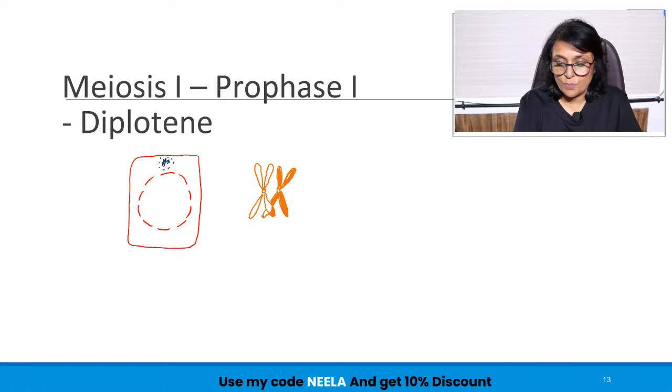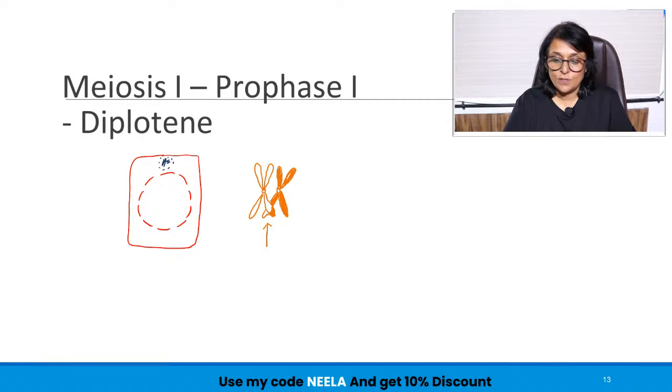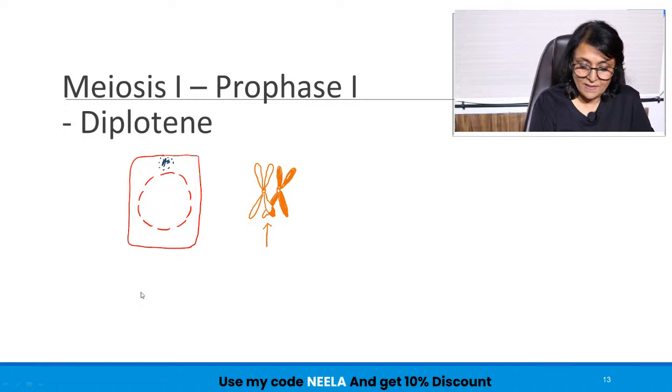I'm going to show you the previous slide also. Concentrate on the cross. That means this is the place we are talking about. Okay, have you seen this one? Let us go back to the previous. Is there any difference between the two cross-like structures which we have shown in Pachytene and now in Diplotene? I'm going to draw it here for you again.